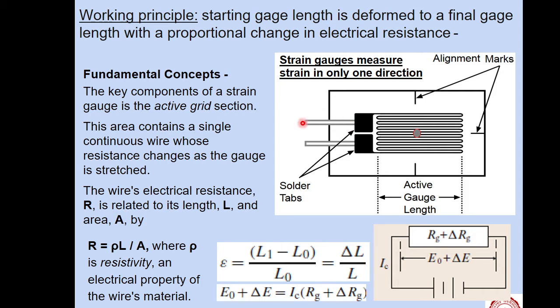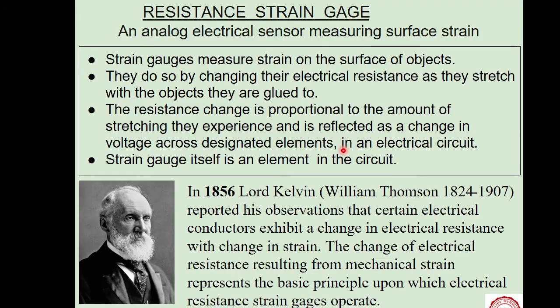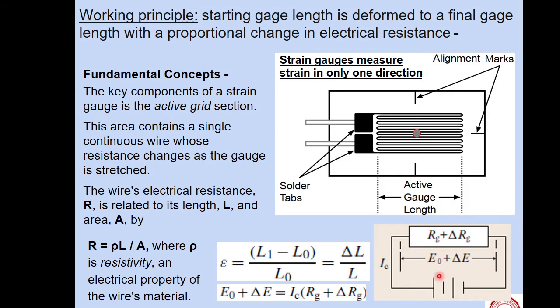So a strain gauge measurement unit again is a special type of measurement unit. It is not an ordinary voltmeter as shown in this diagram. It's a special type of instrument known as the strain indicator. So those strain indicators are for the purpose of strain measurement only.